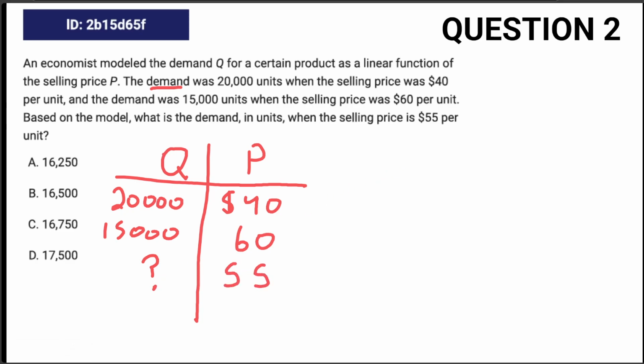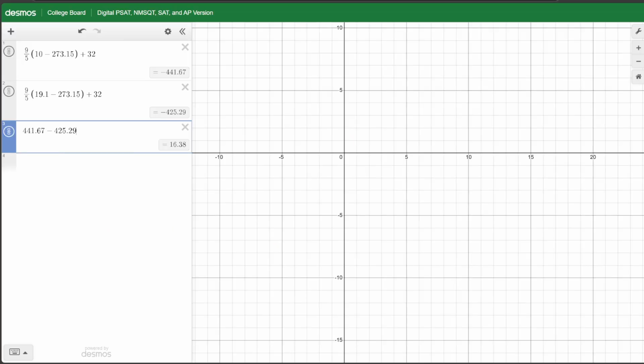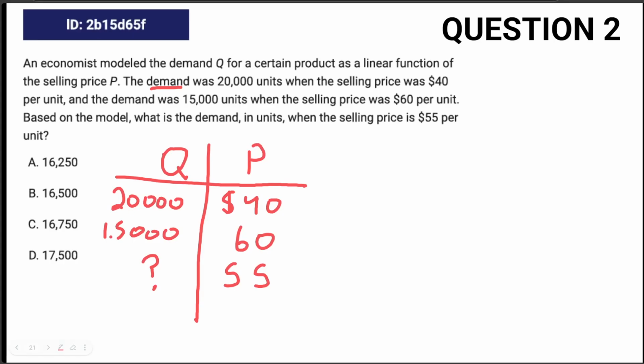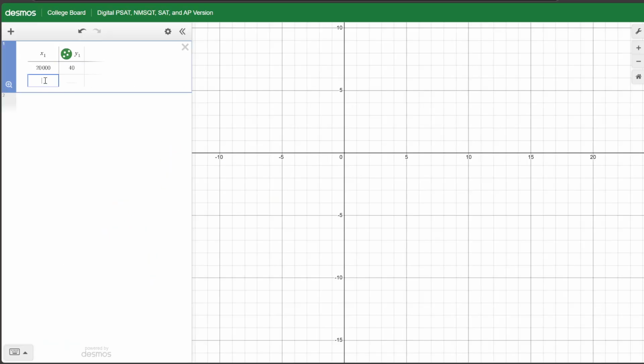Now for this, something incredibly useful with Desmos is the ability to actually add tables in. So if you go to Desmos, click on the plus here, and click on table, then you can just type in the numbers there. 15,000, 60.